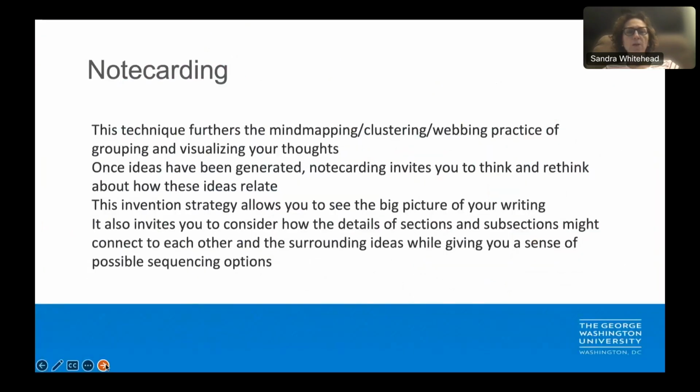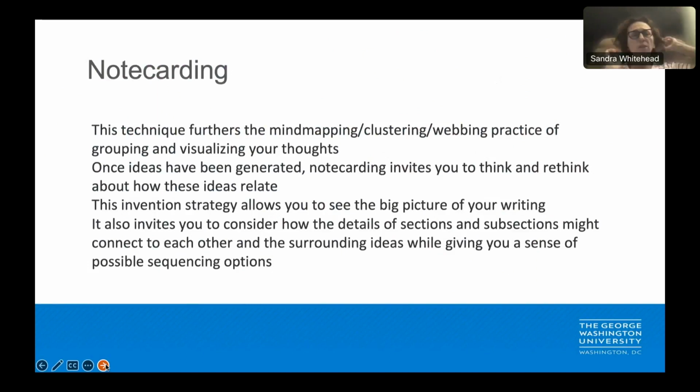Note carding. Note carding can be done literally on note cards, or it can be done using sticky notes, or I've also seen people use an Excel spreadsheet for note carding. The idea behind note carding is to take ideas that are related and stack them together.